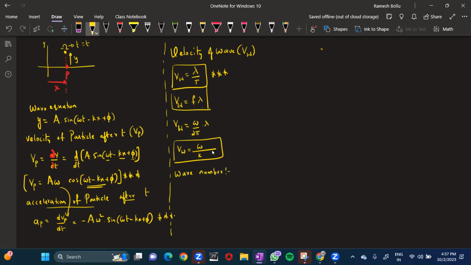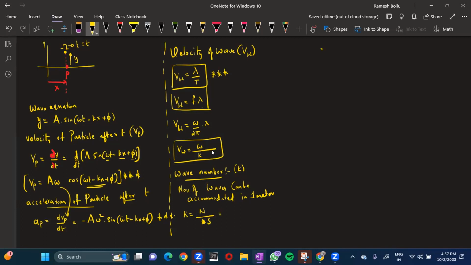What is the meaning of wave number? The number of waves that can be accommodated in 1 meter is called wave number. So that is the number of waves accommodated divided by the total distance.